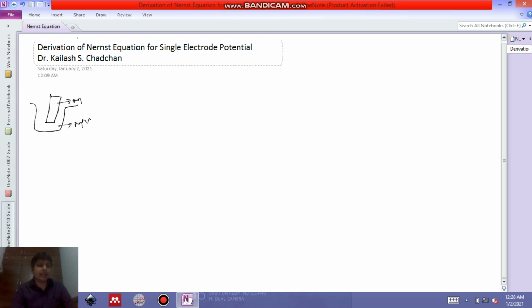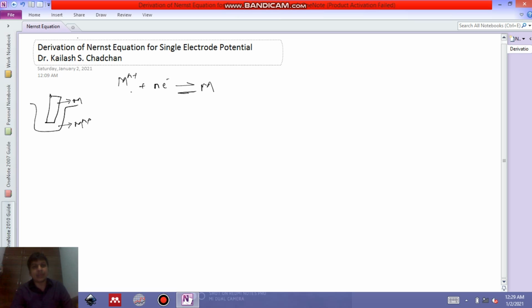When a metal is in contact with a solution of its own ions, there exists an equilibrium. That equilibrium reaction is Mn+ plus n electrons gives M. So whenever a metal is in contact with its own ions, there exists an equilibrium around the surface.